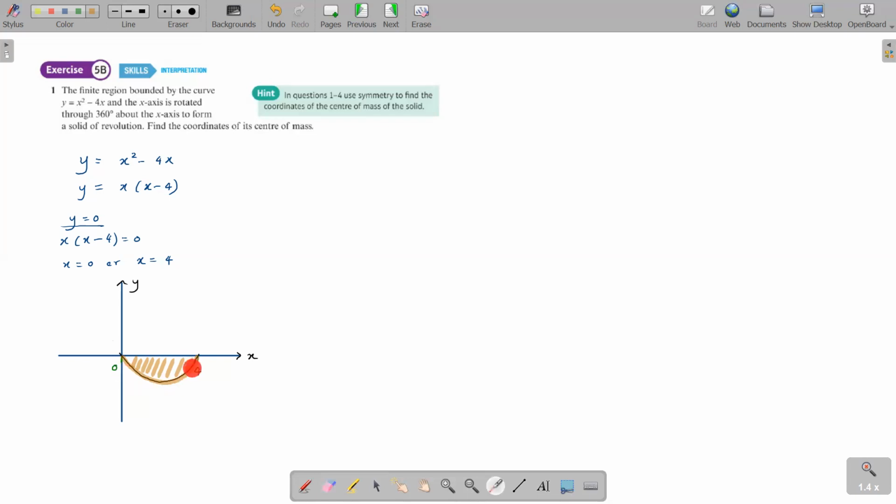They take this part and they are rotating it 360 degrees around the x-axis. Both sides of the curve are touching the x-axis. You know the rule when it comes to rotating 360 degrees around the x-axis, right? You reflect whatever part of the curve is on the x-axis. So when you reflect, you get something like this. Can you see?